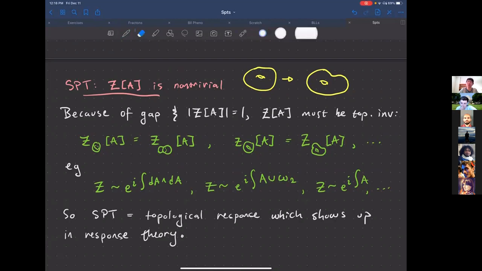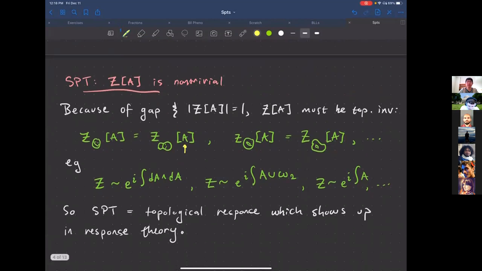So what this means is that when I put these background fields in, this phase that I get for the partition function, this U1 number, is going to be a topological invariant of the manifold I put it on.